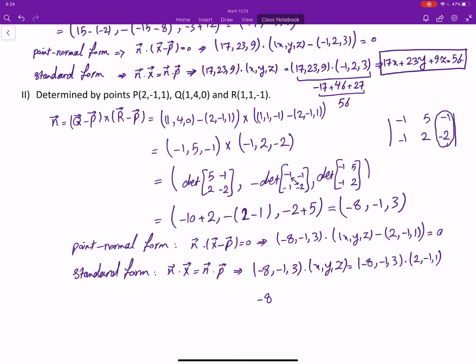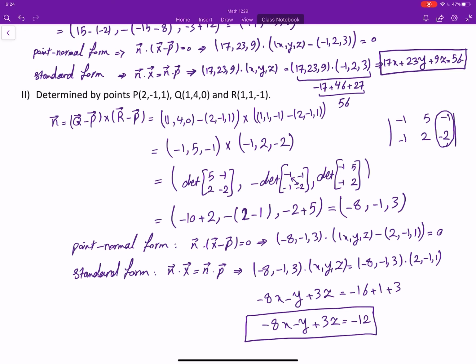This gives us -8x minus y plus 3z equals -16 plus 1 plus 3, so -8x minus y plus 3z equals -12. That is an equation for the plane in the standard form.